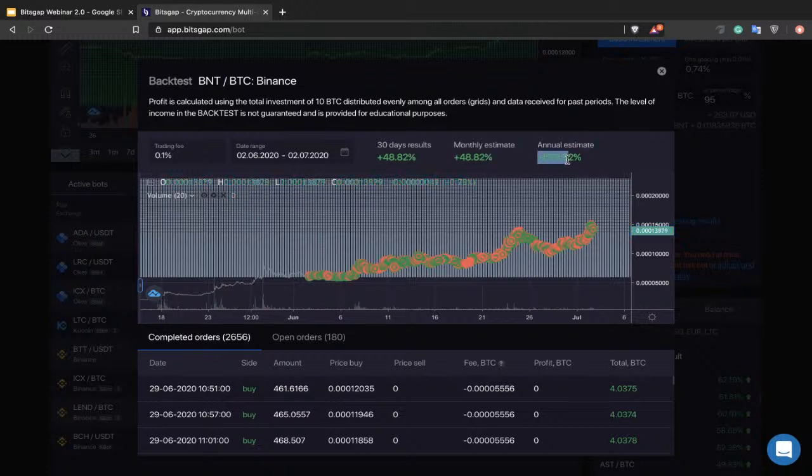But annualized return in this case would be plus 600% in the quote currency, in BTC. So the idea is, if you are willing to hodl BNT and you are also willing to accumulate BTC, then trading BNT to BTC can be an option for you, because you are making profits in BTC and making around 50% per month, which is almost 600% if annualized. That's an insane number.